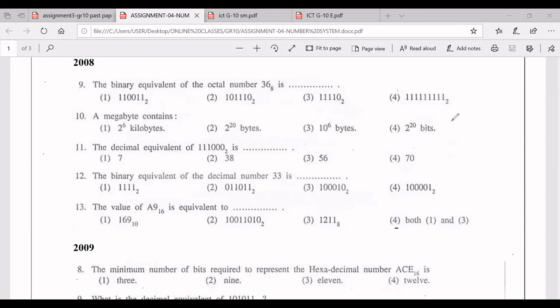Right. So the easiest way is to go through binary. 9 is 1 0 0 1. A is 1 0 1 0. Now we have the binary number, then after you have to divide it into 3-bit clusters, right?